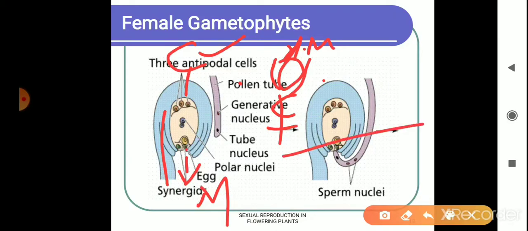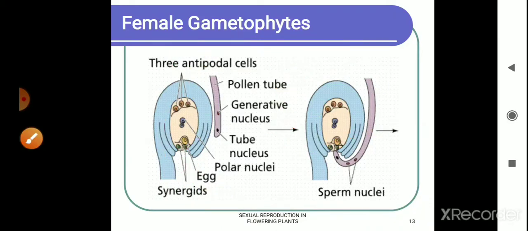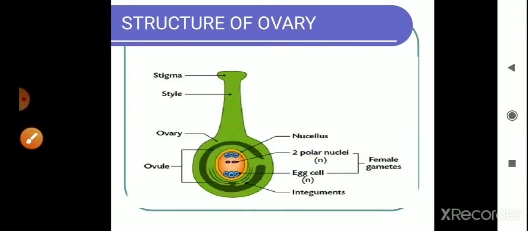Now, after maturity, see the structure of the ovary that contains an ovule. It contains a mature ovule which is the 7-celled, 8-nucleate stage shown in this figure.